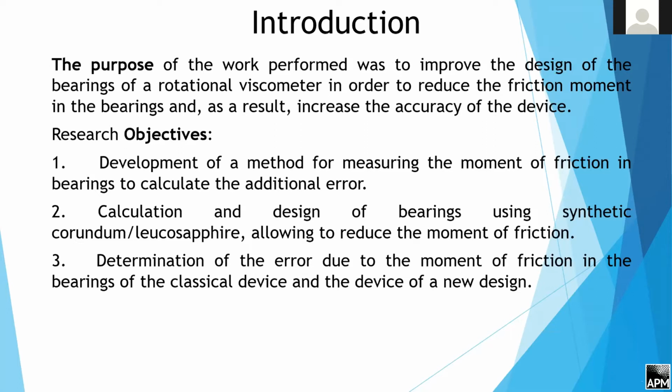One of the options for solving the applied problem of increasing the accuracy of an industrial rotational viscometer by reducing the error from internal friction in the device is presented.